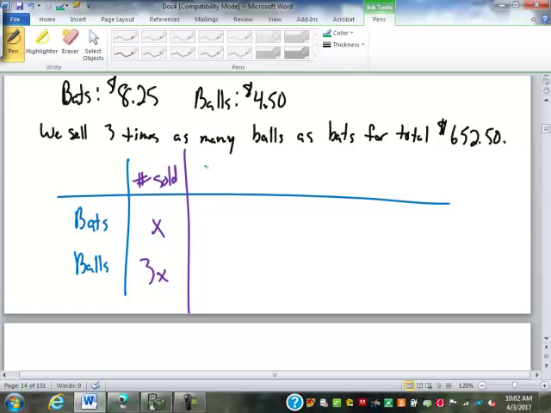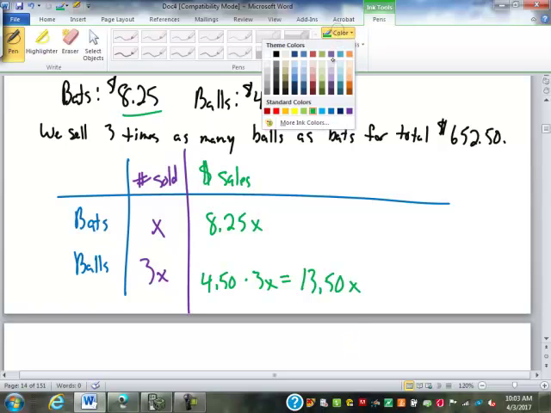So we have to turn it into dollar sales. And remember, that is the price times the number sold. So for bats, the price was $8.25 times x is how many were sold. For balls, that's going to be $4.50 times 3x is the number sold. Well, 4.50 times 3x is 13.50x.